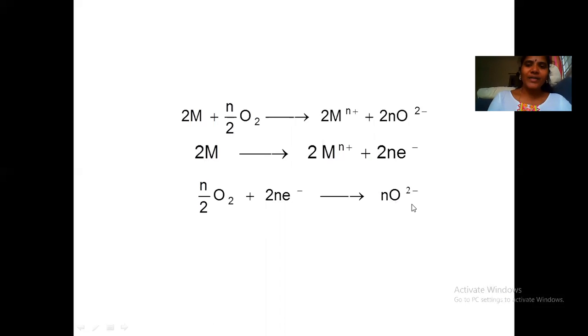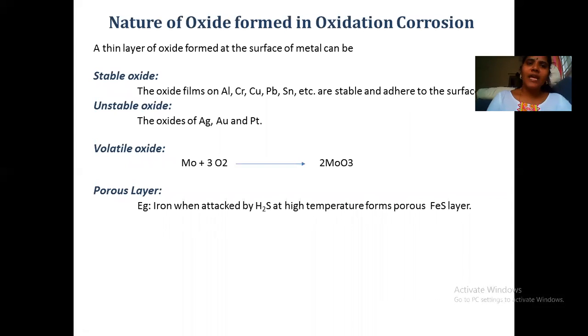As I told you, the metal oxide layer will stick to the surface of that particular metal itself. It may further act as a protective layer for the metal. Now, the nature of the oxide film formed may further allow the corrosion of a metal or may avoid the corrosion of a metal.